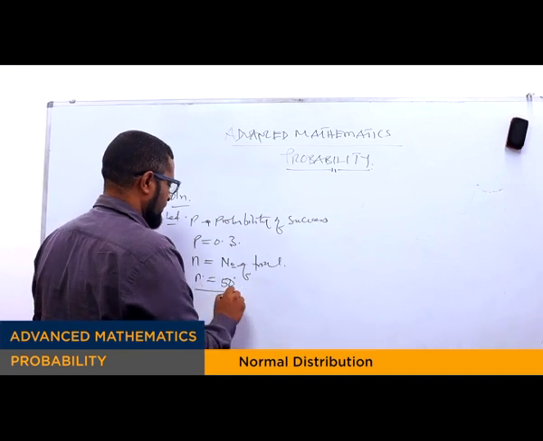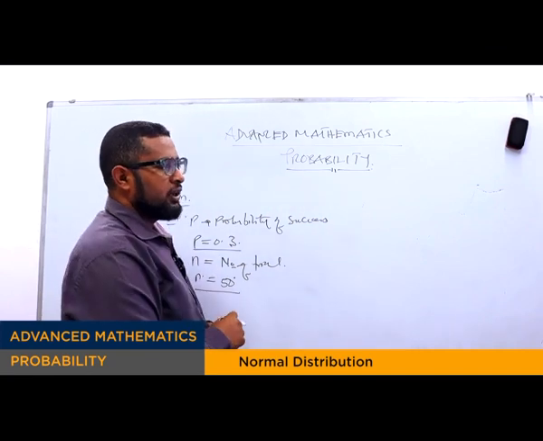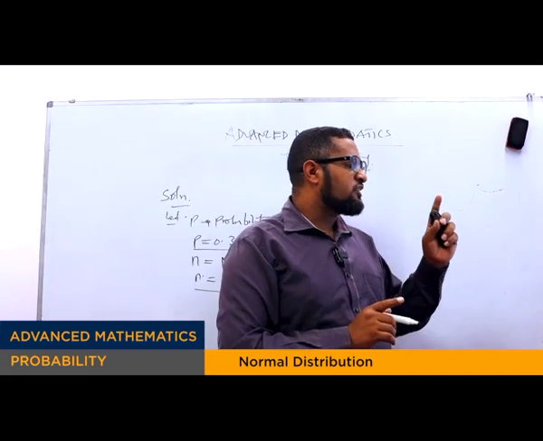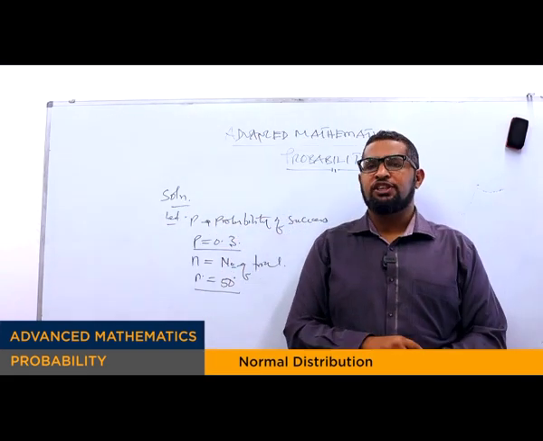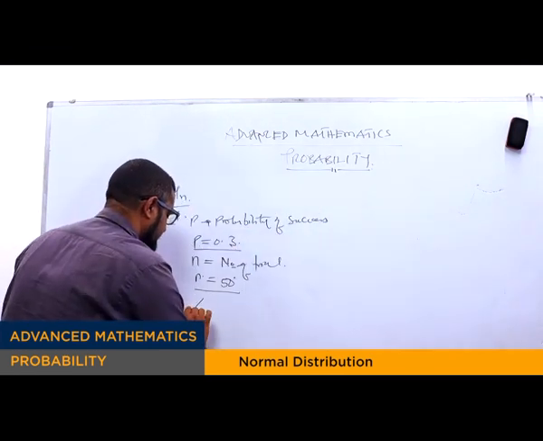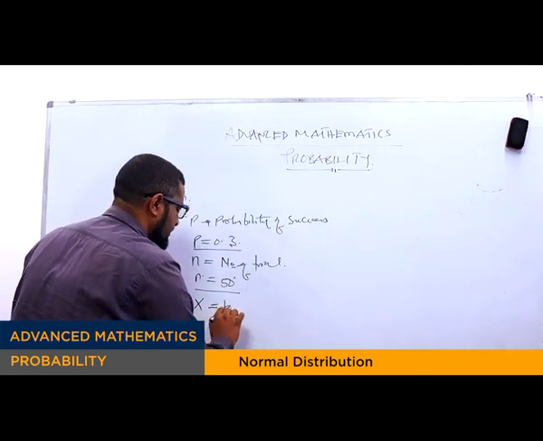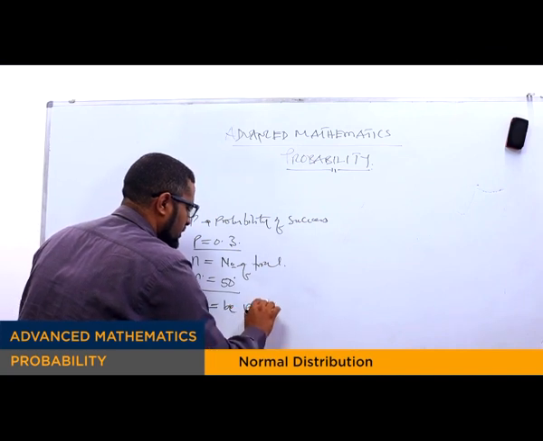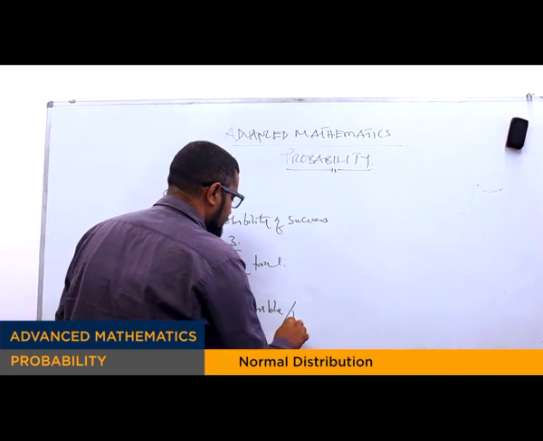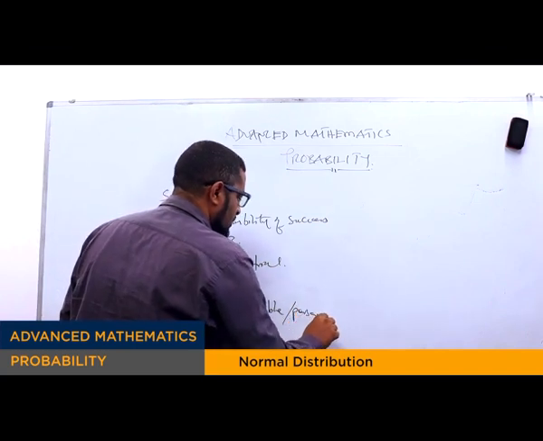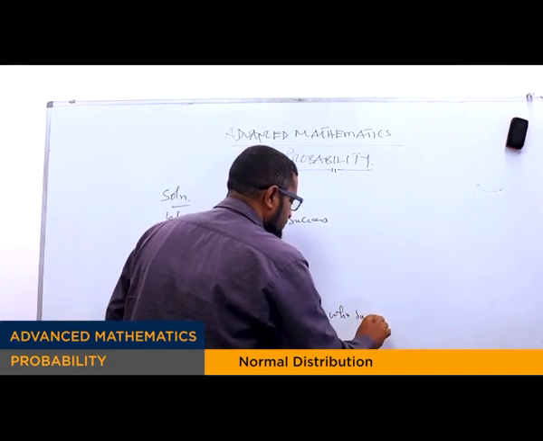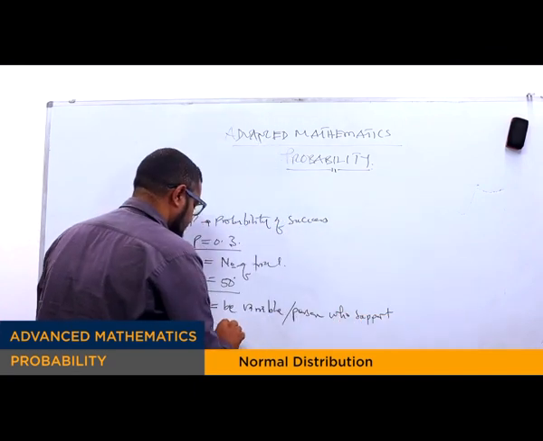That is n. And we have to find the probability of at least 20 supporting the organization. What does it mean? It means let X be the variable for persons who support the organization.